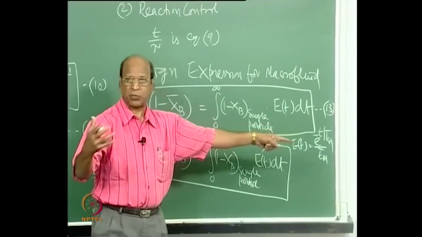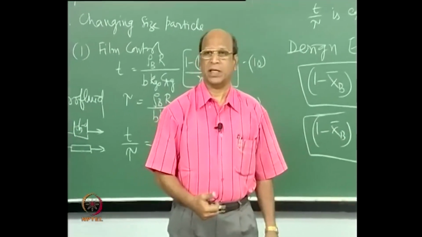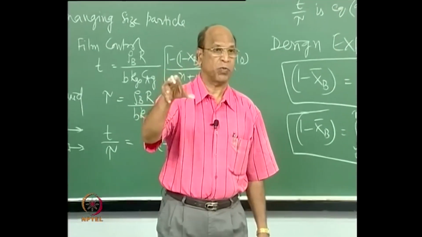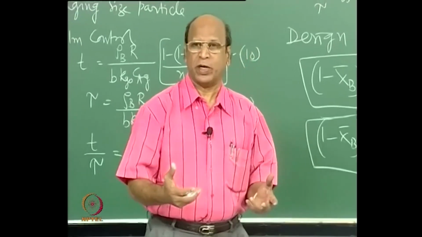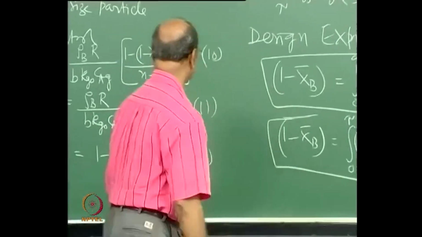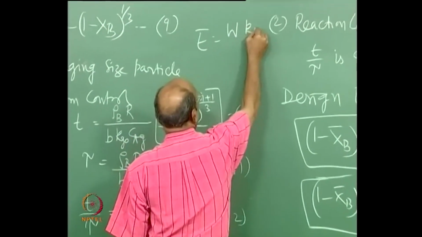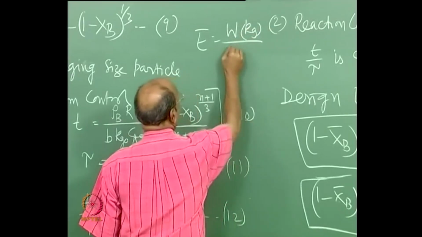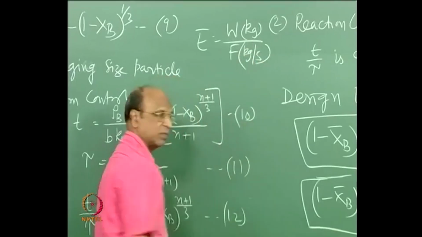T bar is associated with, again I am telling you, the average residence time of the particles. How do you calculate? Volume by volumetric flow rate, right. But in this case, it is not volume by volumetric flow rate, it is holdup by flow rate. W is holdup in kgs, divided by F, in kg per time.